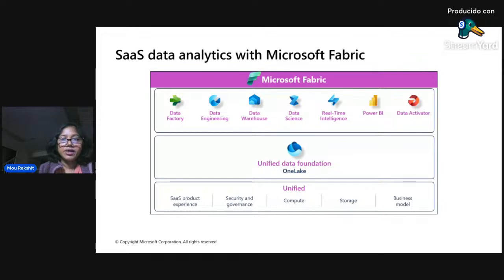Okay, so what we covered so far are the tools you have in your hands when you are working in the Azure platform, and the different ways you can build data analytics solutions. One is Microsoft Fabric, which encompasses all of the different workloads pictured here. Another one is Azure Databricks.